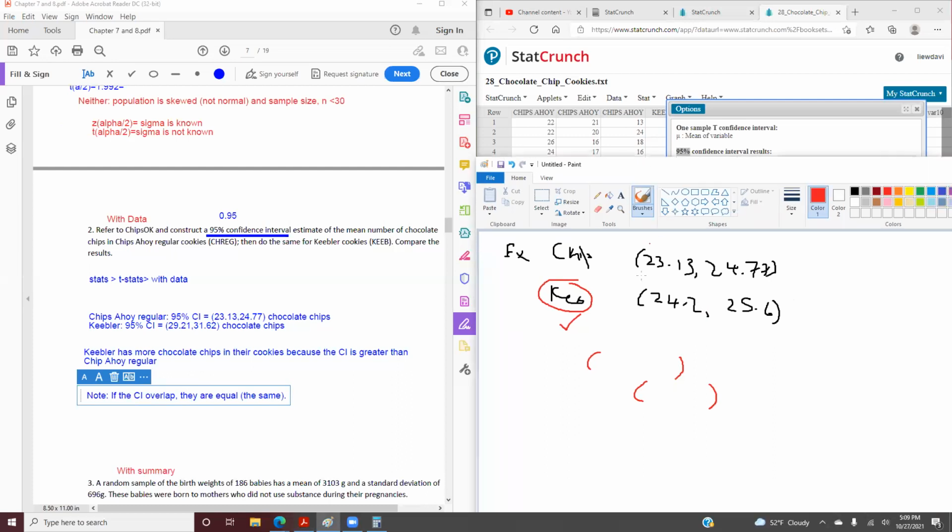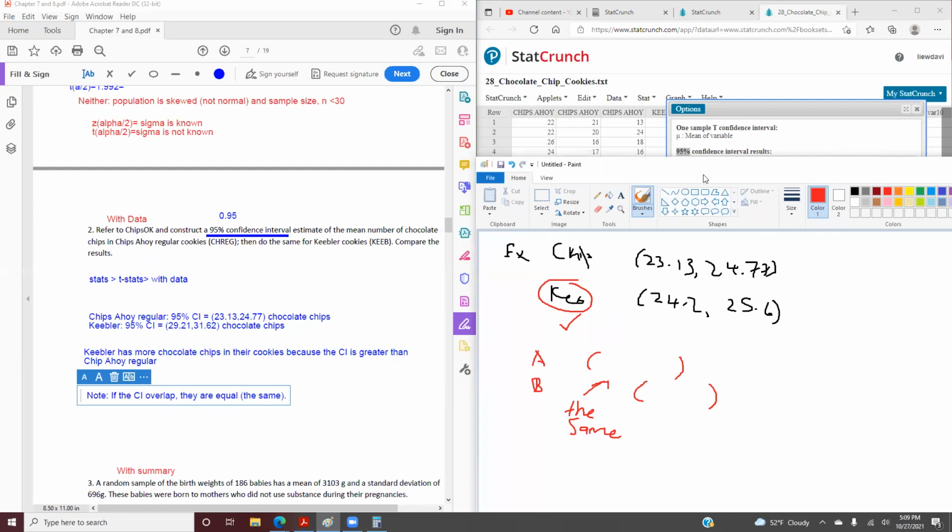All right. So if they overlap like this, I don't care how they overlap, even a little more like this, then these two are treated as the same. That means these two, company A and company B, are the same or equal.